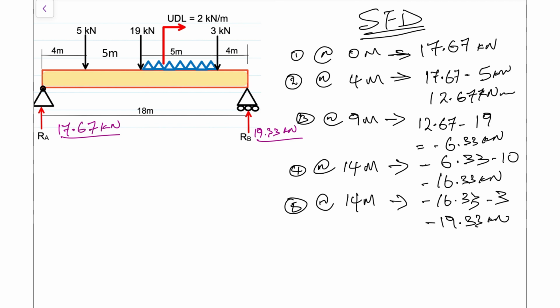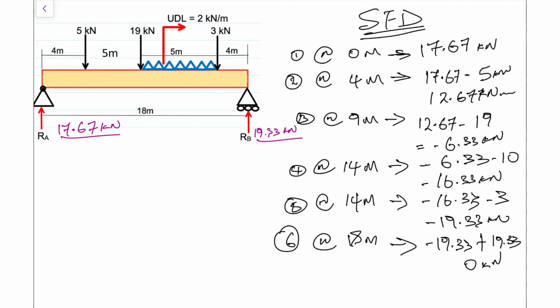And then for the final point, which is the reaction point there at RB, we would now be at 18 meters. At 18 meters, that reaction point is going all the way back up to 0. From minus 19.33, there would be plus 19.33. So that takes us back to 0.